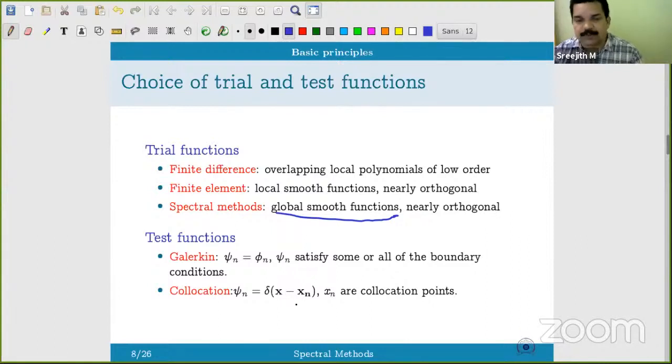If you have different grid points, say x1, x2, etc., as the collocation points, it has got a value 1 at those points only. At all other points it has got 0 value. So that is the collocation method. So we discussed spectral collocation method. Next slide.